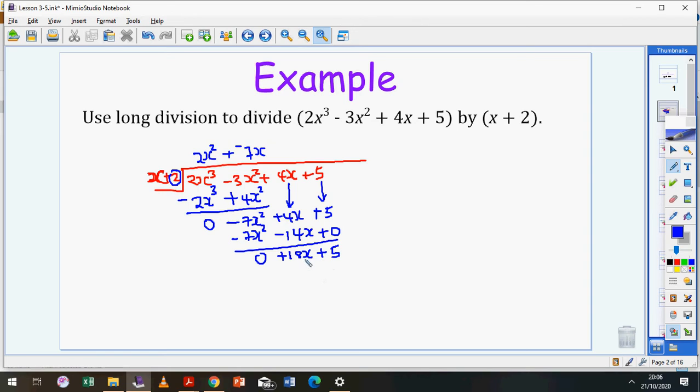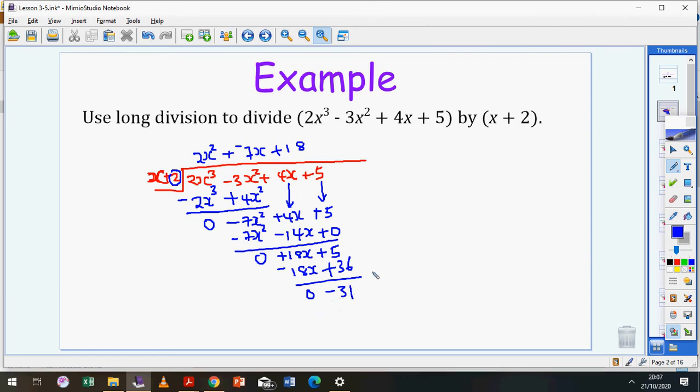18x divided by x is positive 18. Then do the reverse. 18 times x is 18x, and 18 times 2 is positive 36. Do the subtraction. 18x minus 18x gives you 0, and 5 minus 36 gives you negative 31.